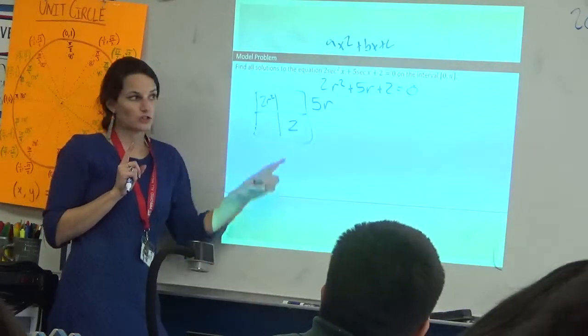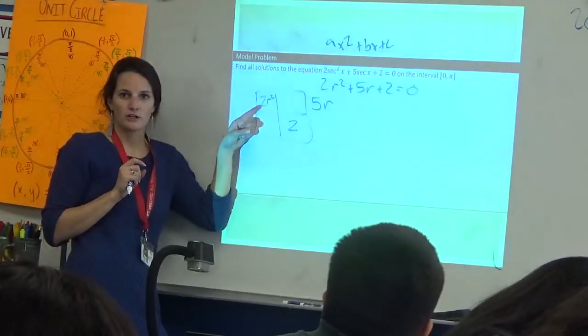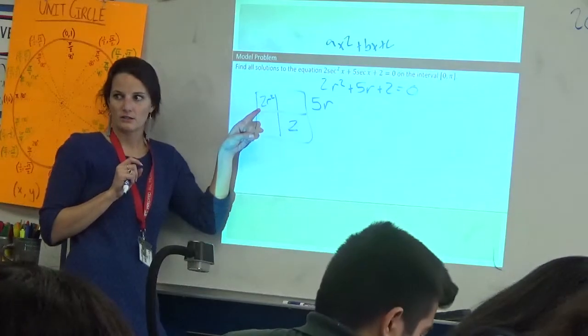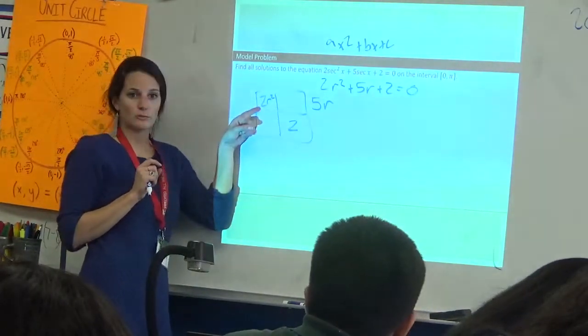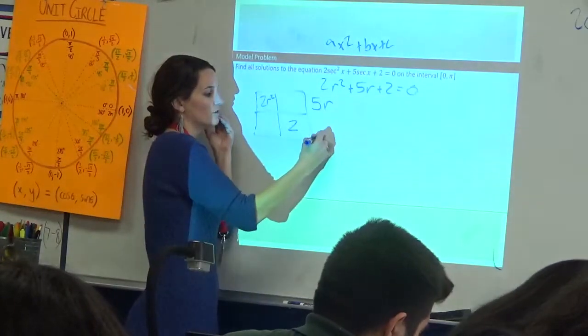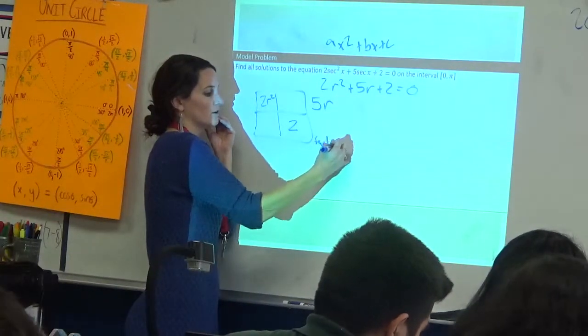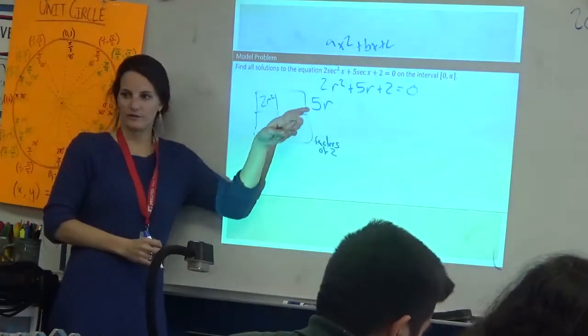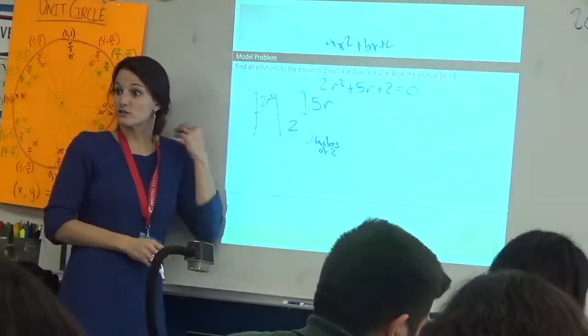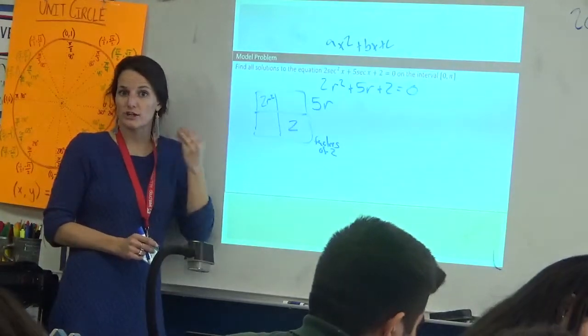Be careful, not just 2, because there's a number over here. You have to account for that. We have to multiply these. We want 2 times 2, which means we're looking for factors of 4. So we're not looking for factors of 2. If you try 1 times 2, that'll never give you 5. So we're looking for factors of 4: 1 times 4 and 2 times 2.